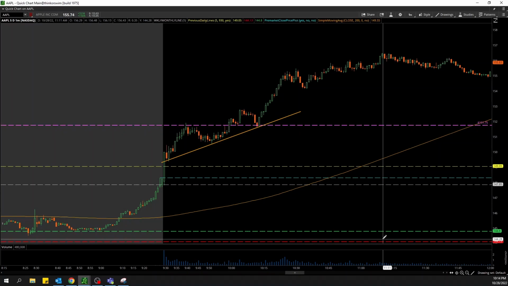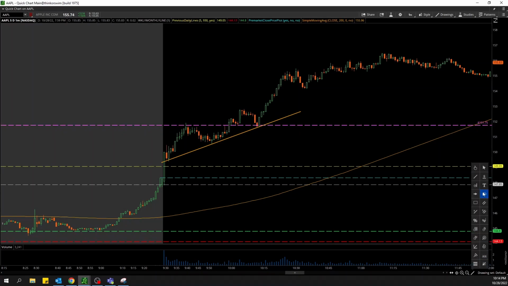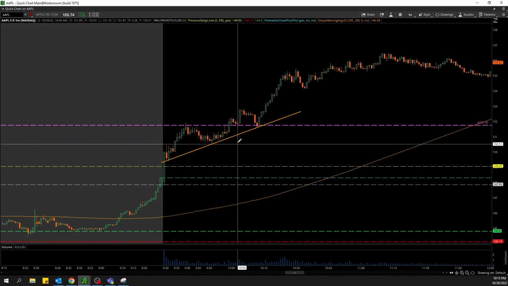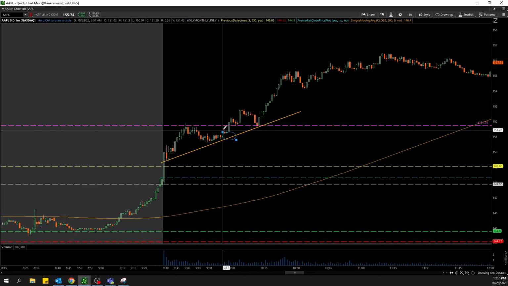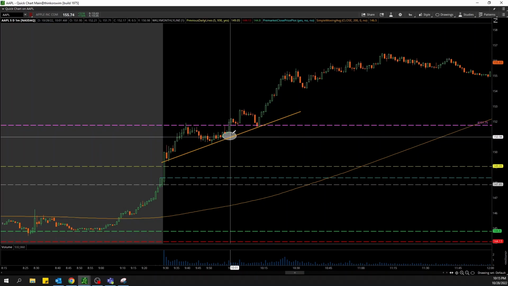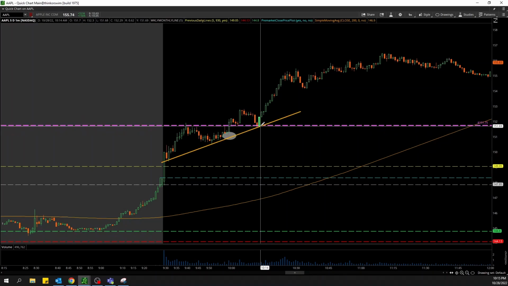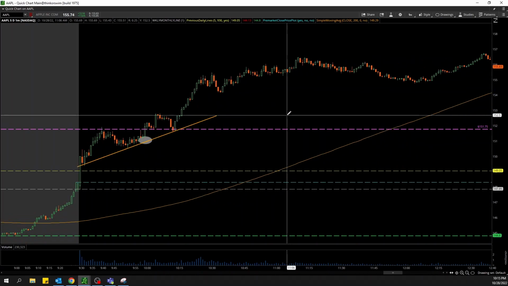So this probably would have been ideally your entry. Right there, somewhere in that area, you risk to here off of the support, and then look at how it came back, retest, and just continue on.